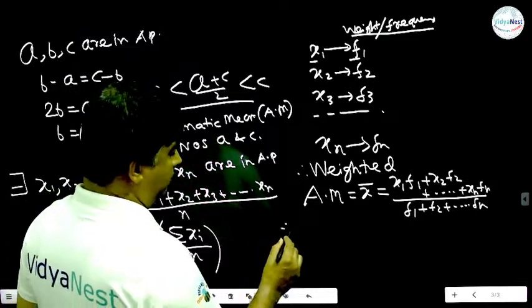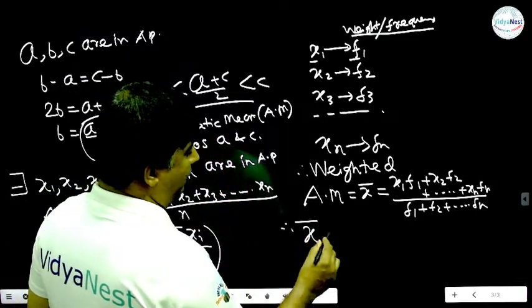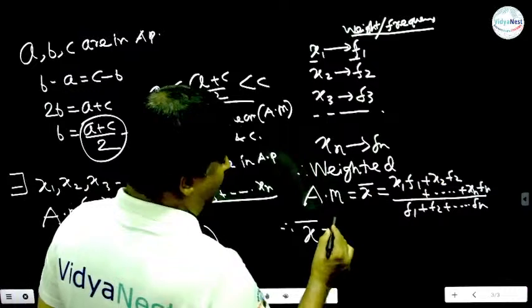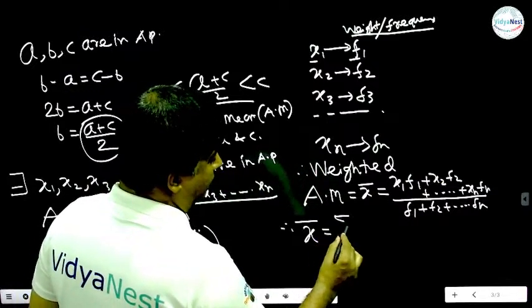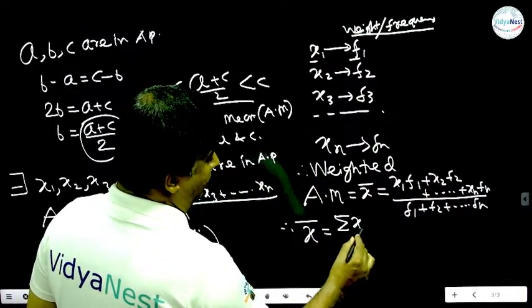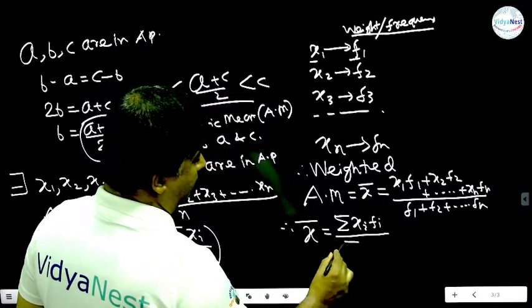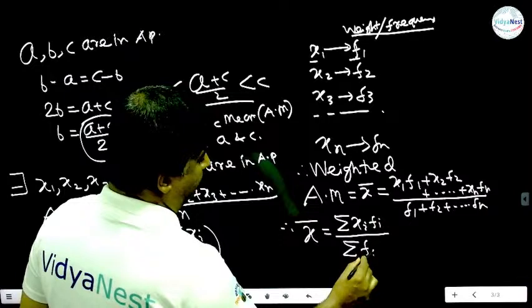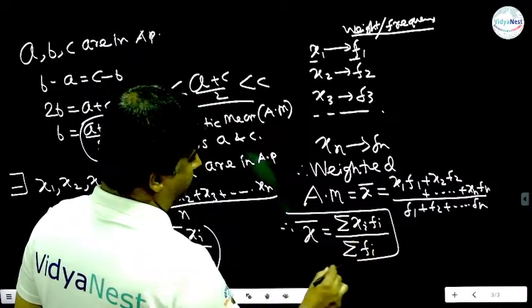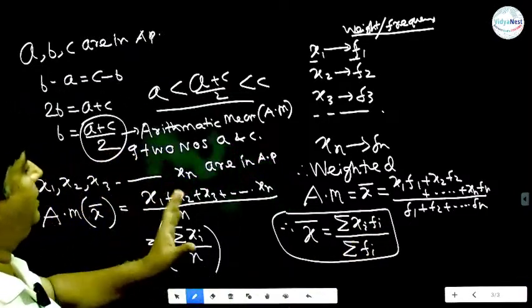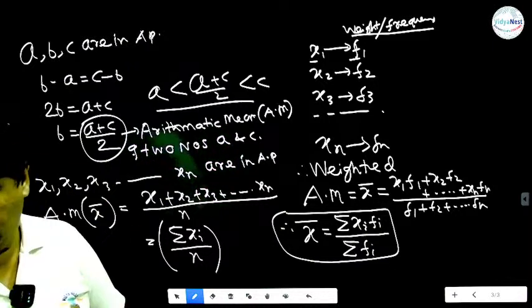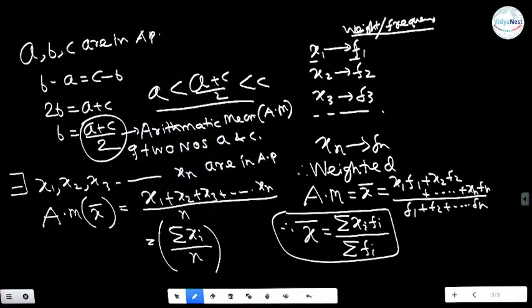Therefore, x bar is what? Sum of these numbers. So in general, I can write summation of xi fi by summation of fi. Okay, that is called weighted arithmetic mean. Hope you could follow. Yes, sir.